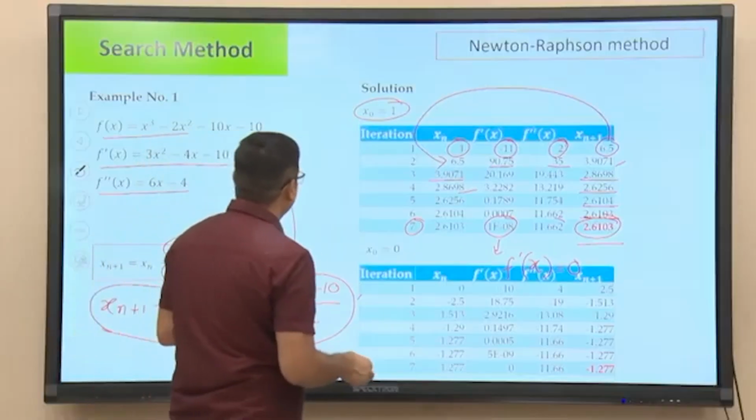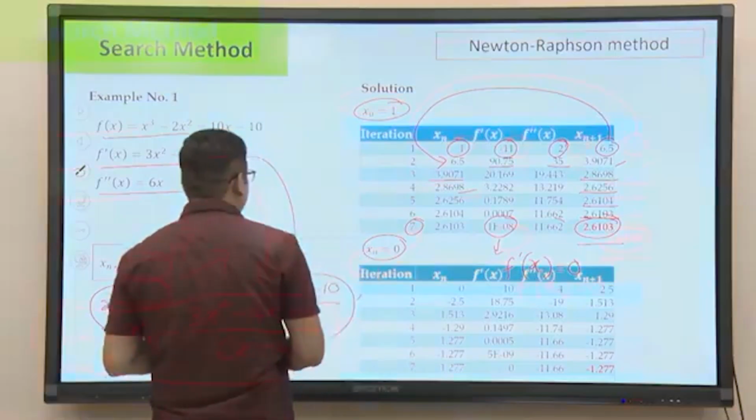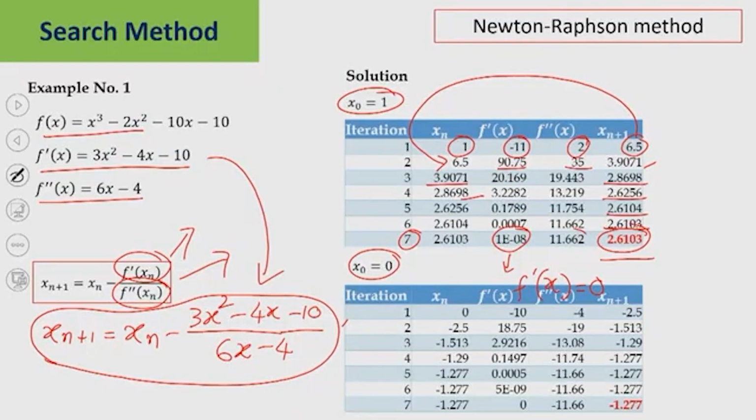If I take another starting point, as you have seen, this particular function has 2 optimal solutions. If I start with x naught equal to 0, you just see, I am getting a different optimal solution, on the other side, that is minus 1.277. That is the solution I am getting in the 7th iteration.